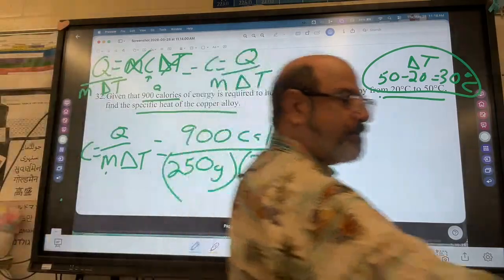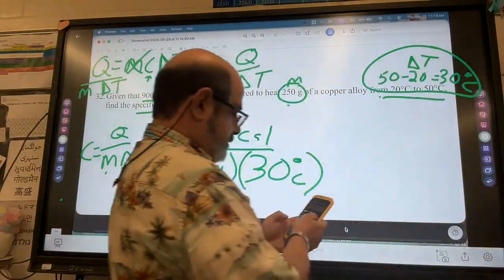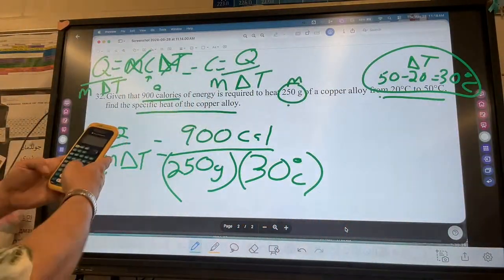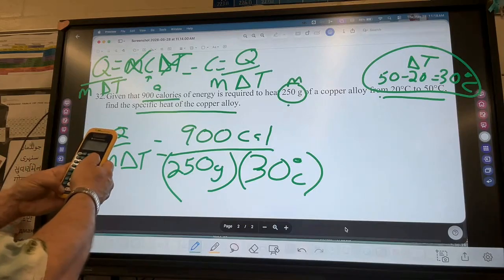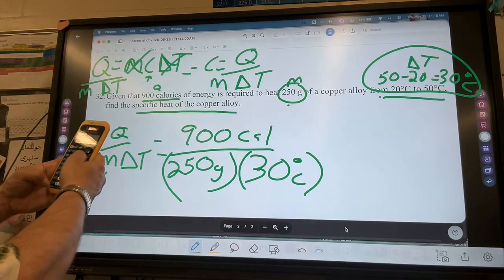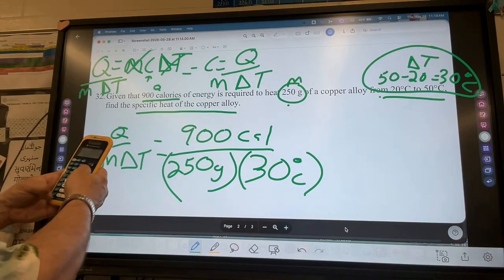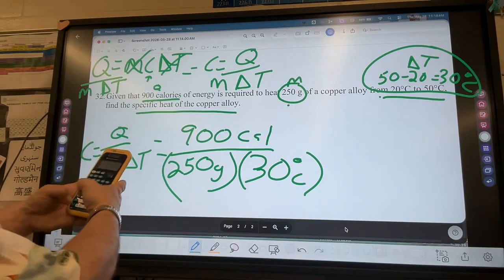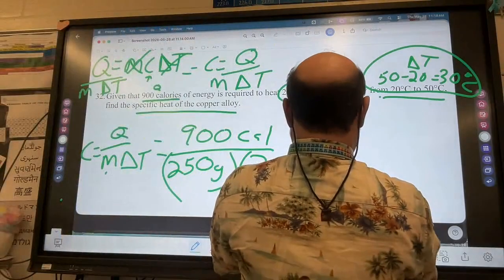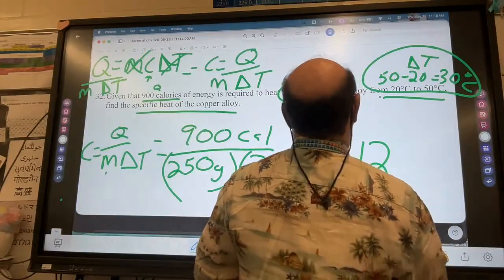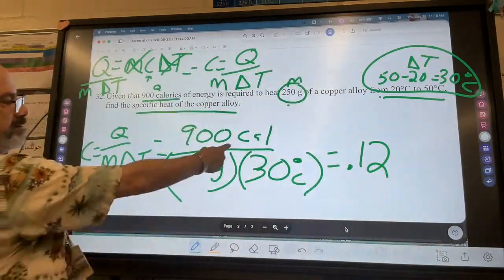Or my calculator ran off there. There we go. So let's push some buttons. So we have 900 divided by 250 divided by 30 gives us 0.12.